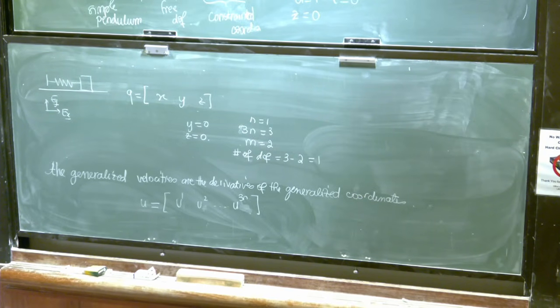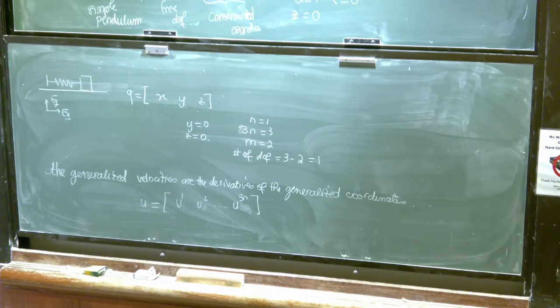Okay. So these are Lagrange's equations of motion for a system of particles. How many equations do I have in total? It depends on the number of generalized coordinates, right? And generalized velocities.